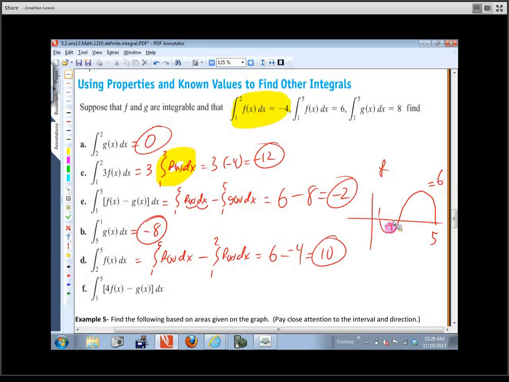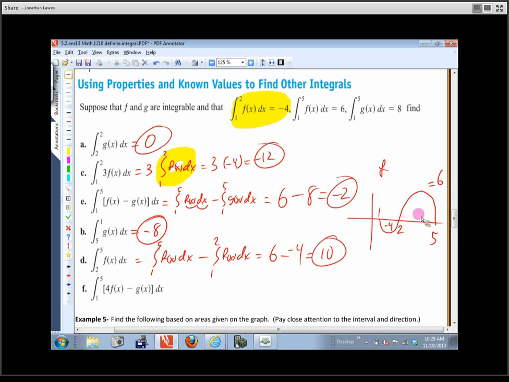So if this area was -4, and by the time I'm done adding up all the area between 1 and 5, I end up with 6, what would that right there have to be? If I started at -4, and by the time I got done, I ended up with 6, what must this piece be? 10. It's got to be 10.